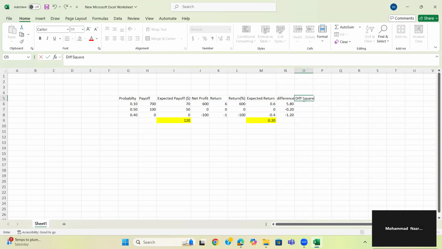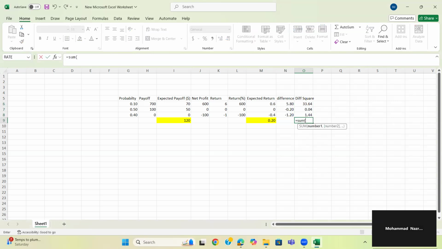Say we make the difference square. I'm just showing you step by step. So if you make it a difference square, you will get 33.64, and then 0.04 and 1.44, right?